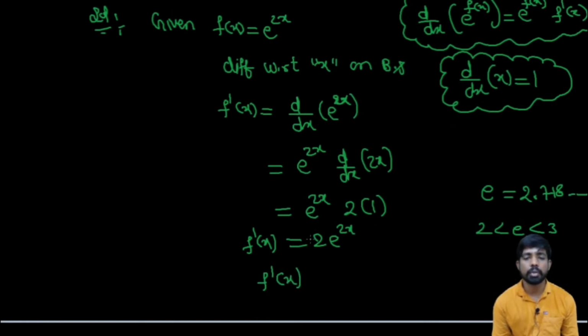Positive into 2 is always positive, therefore greater than 0. Hence we can say f of x is strictly increasing on real numbers. That's all. This is the solution.